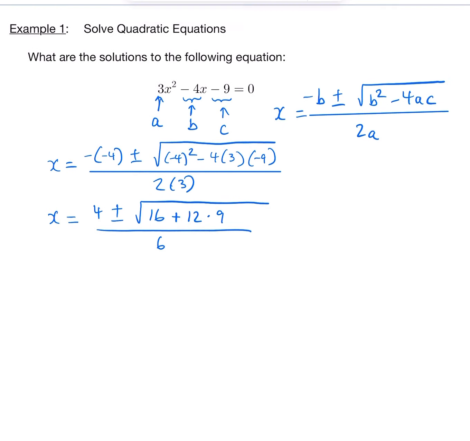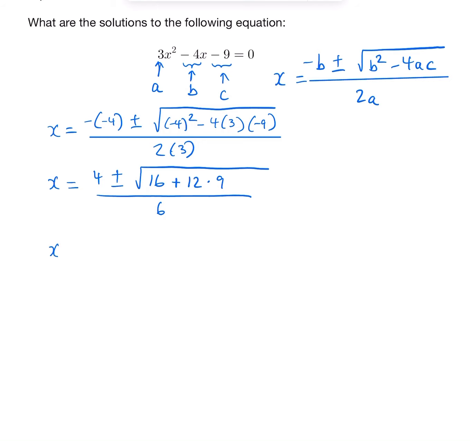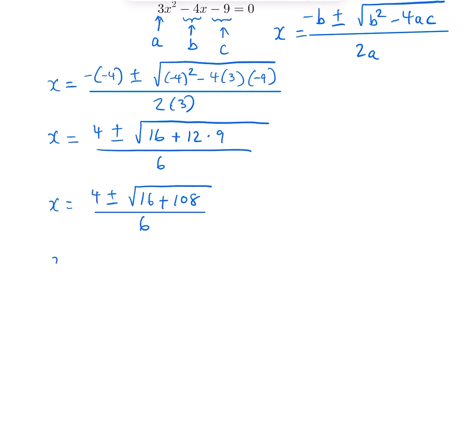Further simplifying, we get x is equal to 4 plus or minus the square root of 16 plus 108, all divided by 6. Continuing to simplify, this is 4 plus or minus the square root of 124, all over 6.